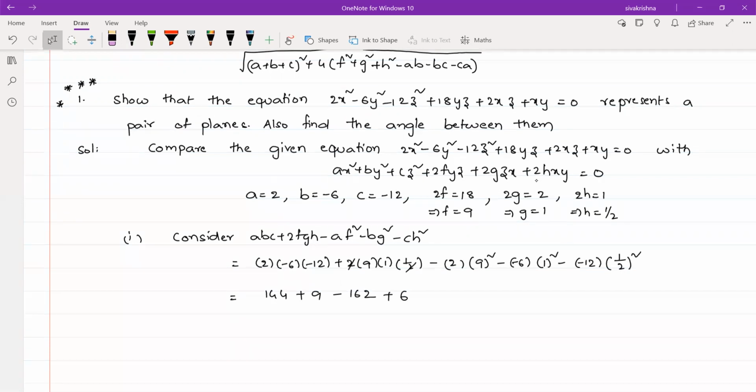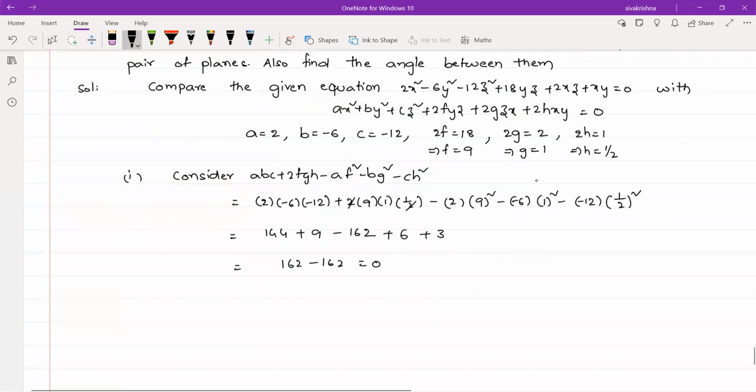Next, minus into minus is plus, so here 1/2 whole square means 1/4, and 1/4 into 12 gives 3. So I am writing 3. On simplification, 144 plus 9 is 153, 153 plus 6 is 159, 159 plus 3 is 162. So 162 minus 162 is equal to 0.